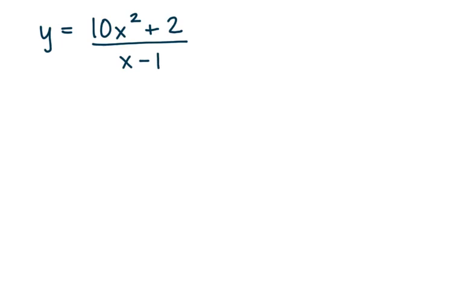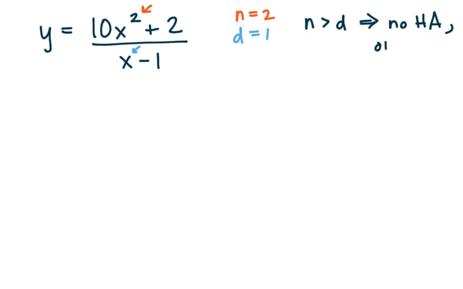Okay, so notice here, the degree in my numerator, n, is 2, and the degree in my denominator, d, is 1. And if n is greater than d, then we have no horizontal asymptote. What we have is an oblique or slanted asymptote.